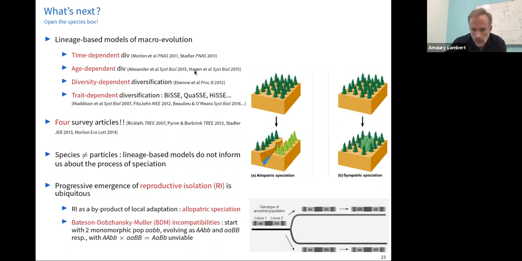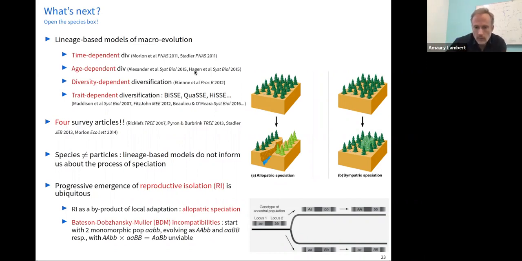And so if you can read the cartoon on the right, you see that you start with one monomorphic population where at locus 1 everybody carries small a allele, small a because it's a diploid species. At locus 2 everybody carries the small b allele, and then this population splits into 2.